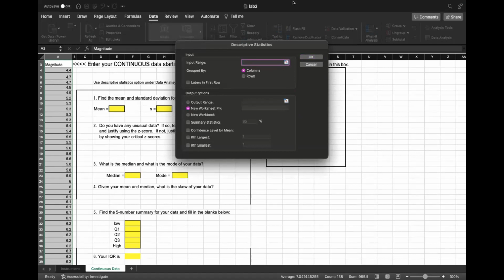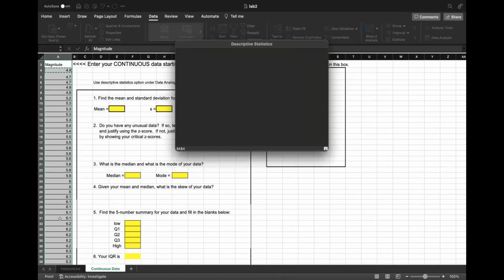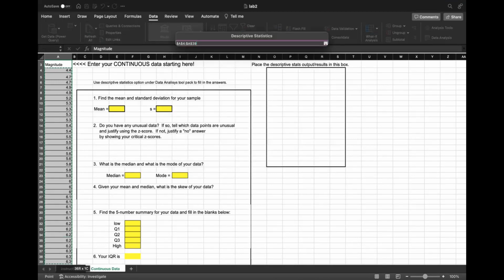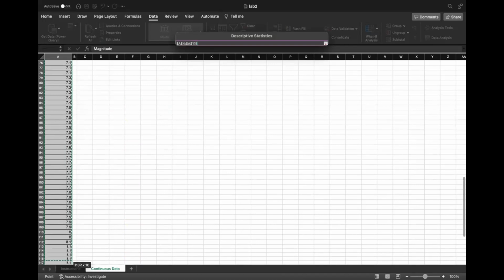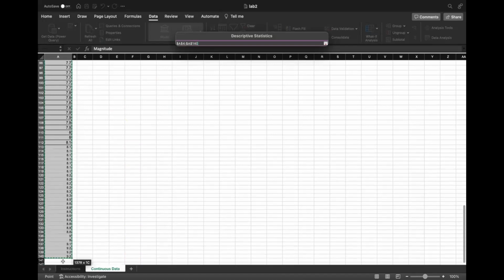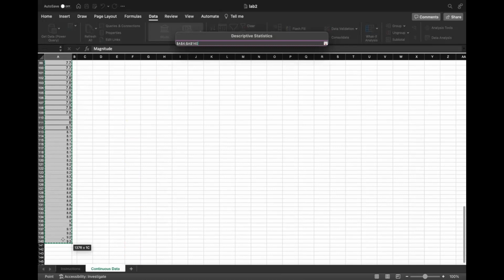And it's going to give you this window here. I have weird things happening. All right. So the input range is going to be all of my data. So click on the input range box and you're going to highlight all of your data. Mine is really long. Yours is probably not as long as mine, but mine goes to 140. So highlight that.